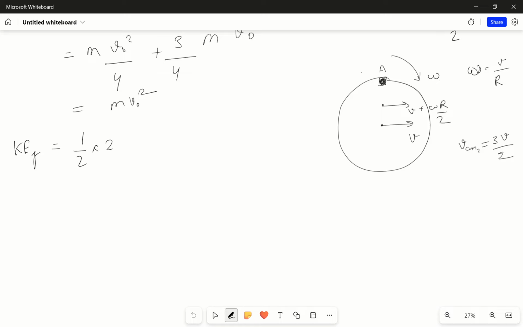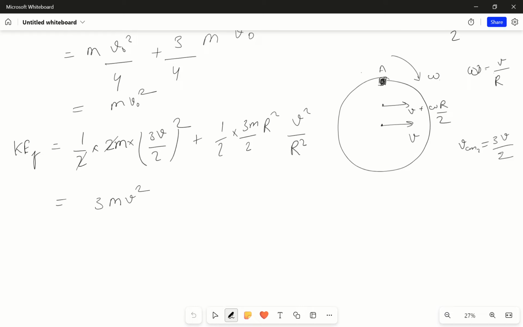So 1 by 2 into 2m into (3v by 2) square plus 1 by 2 into 3m by 2 r square into v square by r square, because omega was v by r, so omega square is v square by r square. So it is equal to 3mv square.